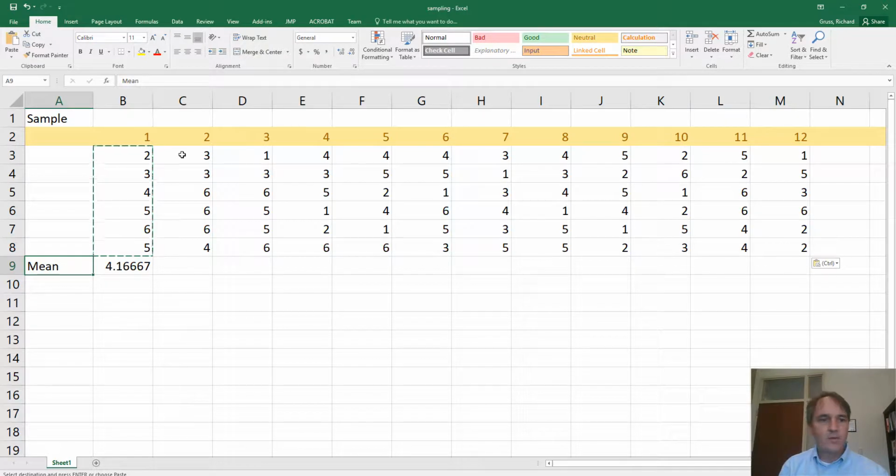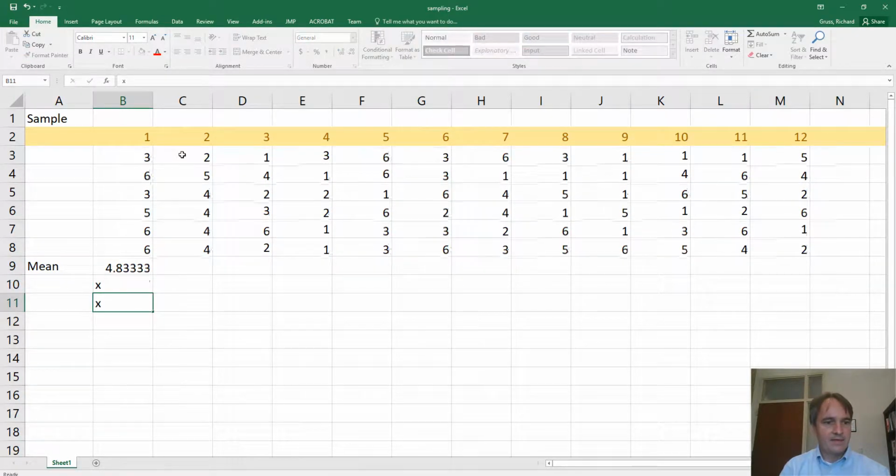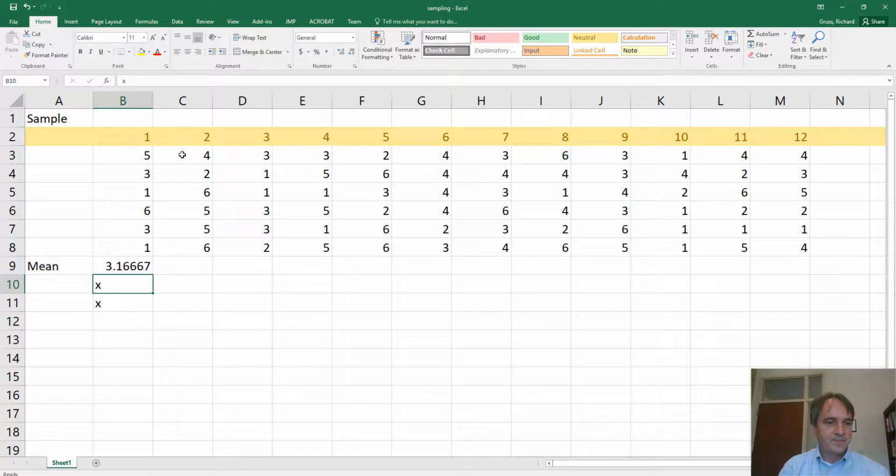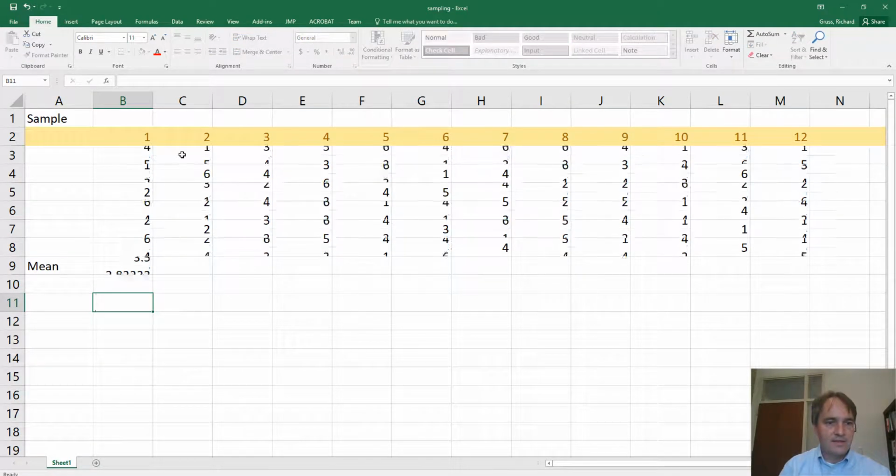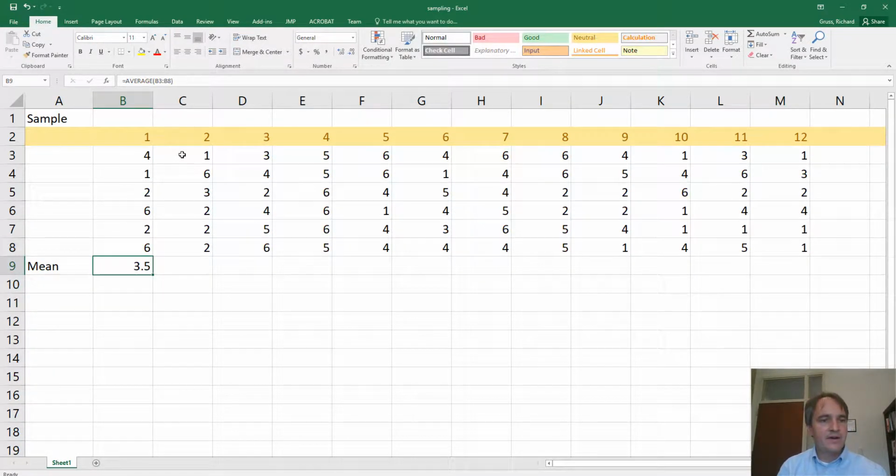So now we have 12 different samples of 6 rolls each, and this now is 4, 4.8, 3.1. Let's go ahead and take the average of all of those. Now 3.5, that's exactly the expected value for this particular distribution.